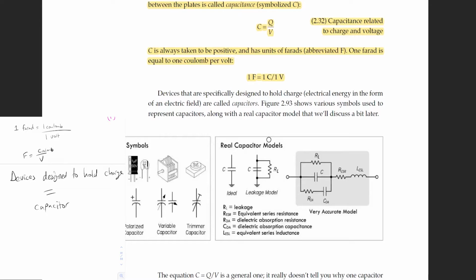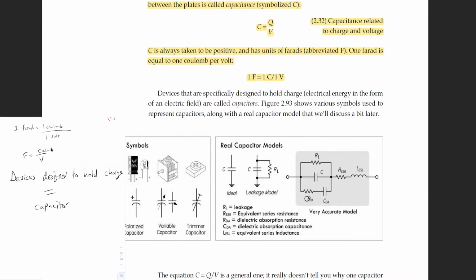Figure 2.93 shows various symbols used to represent capacitors, along with a real capacitor model. Where's the real capacitor model? Oh, there. This is the real capacitor model. I don't get that.